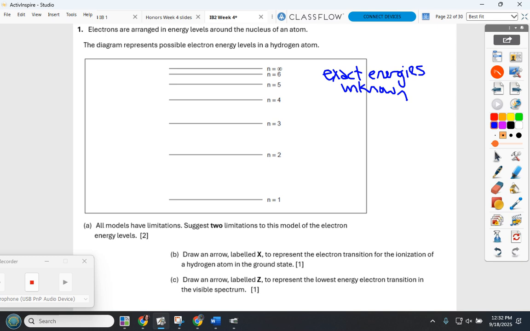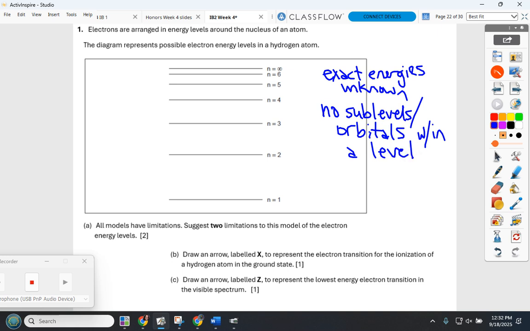You can't show movement between orbitals in the same energy level. Okay. Anyone come up with anything else? Yeah, Finn? Oh, okay.